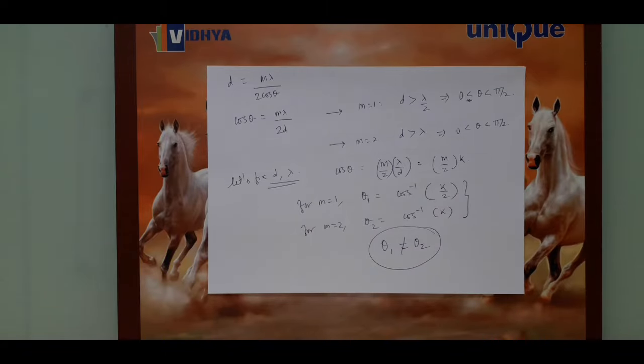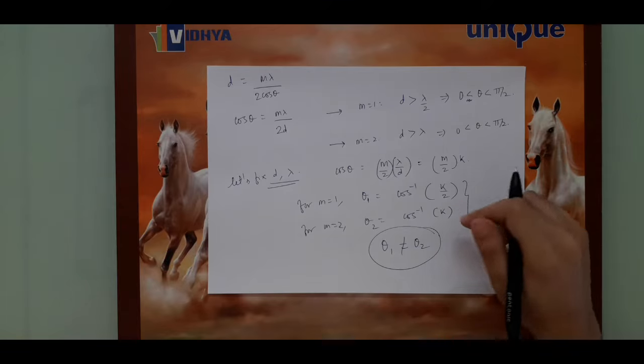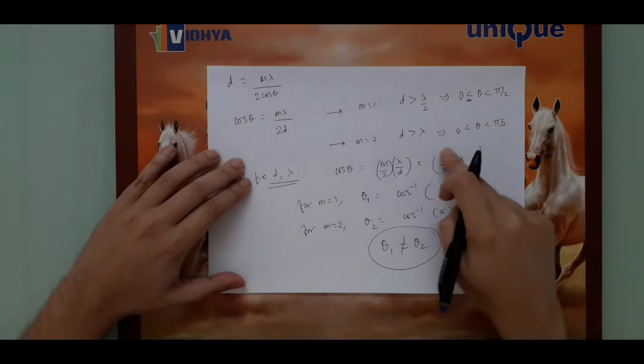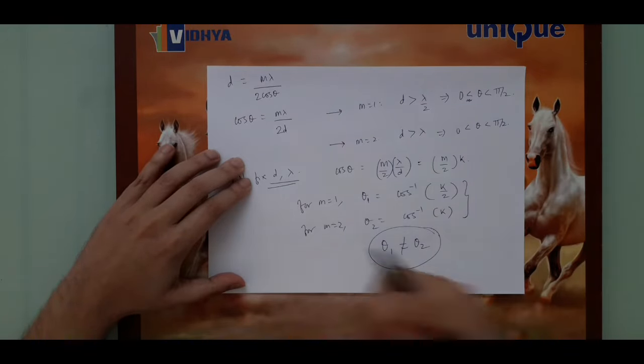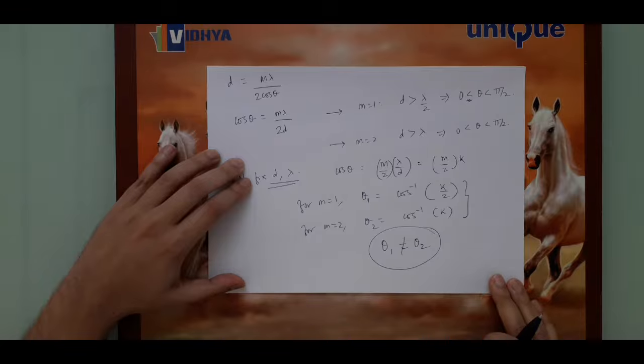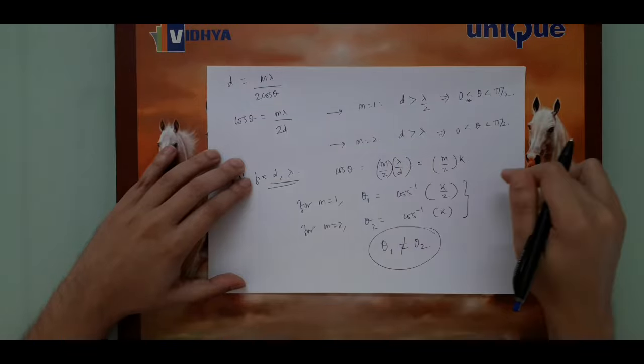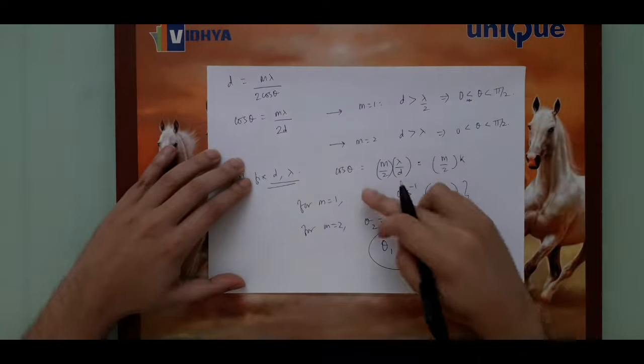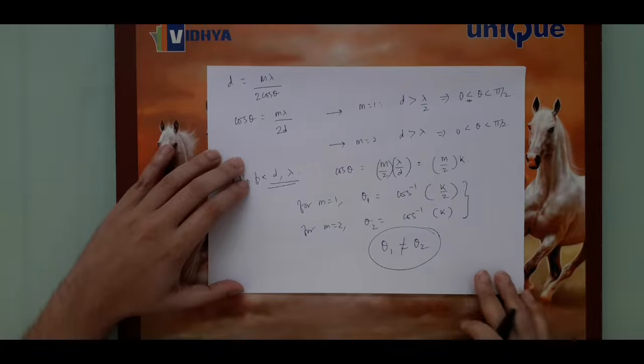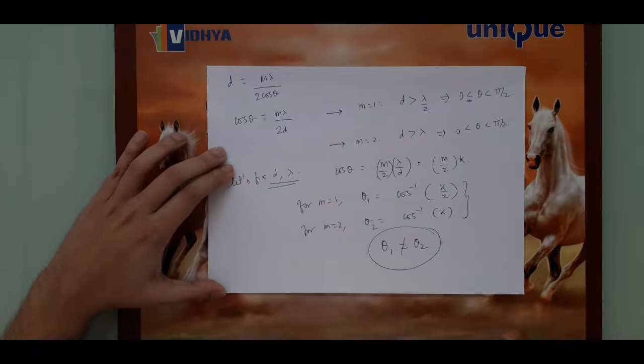And theta is nothing but the angle with which the wave is launched into the waveguide. So this m is kind of like our trump card, because for different values of m, there exist different values of theta through which we can launch the same wave and still make it propagate.